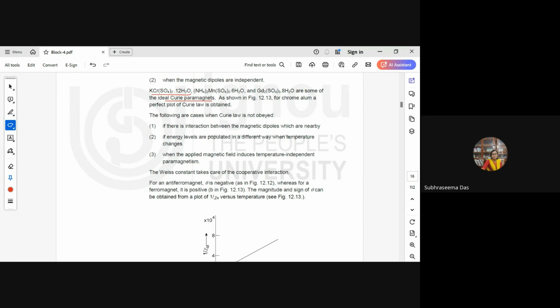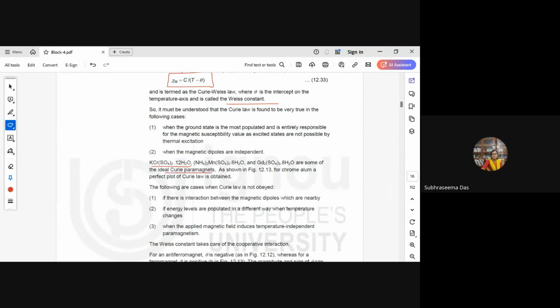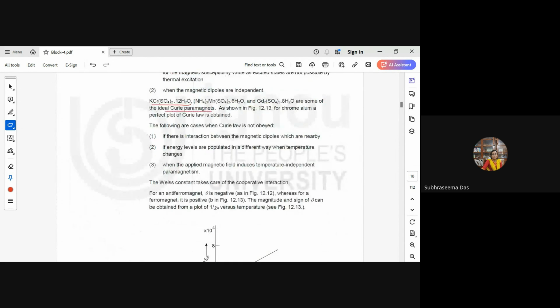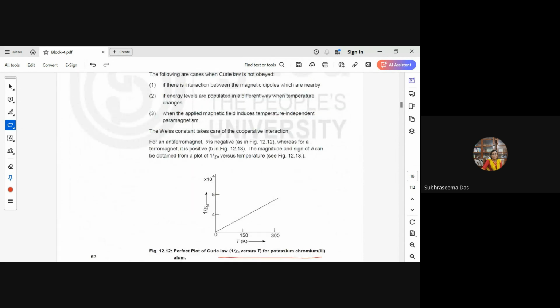Now, there are certain cases when Curie law is not obeyed. These are when there is interaction between nearby magnetic dipoles, when the energy levels are populated and differ as the temperature changes, and when the applied magnetic field induces temperature independent paramagnetism. In these cases, the Weiss constant theta comes into play, and the equation 12.33, the Curie-Weiss law, applies.